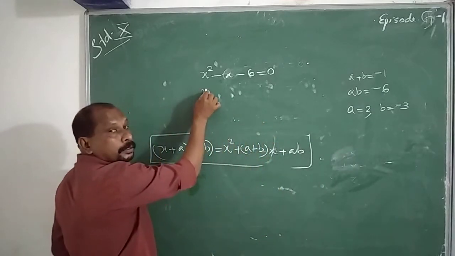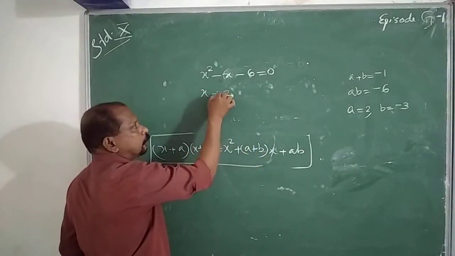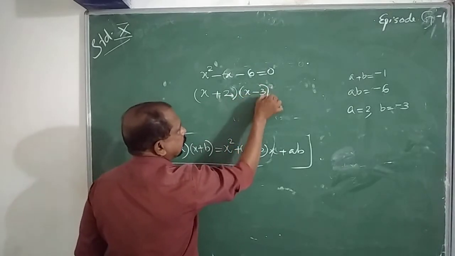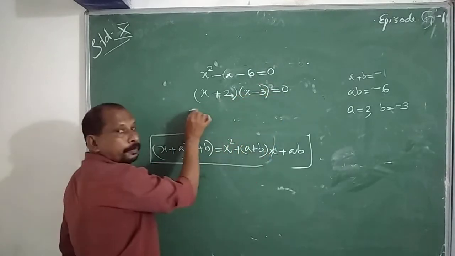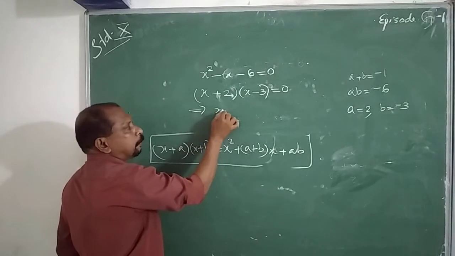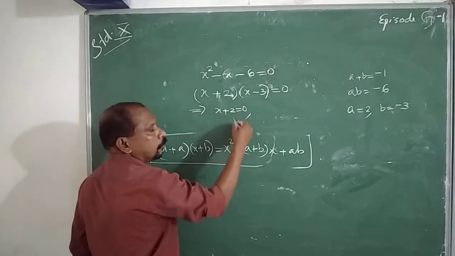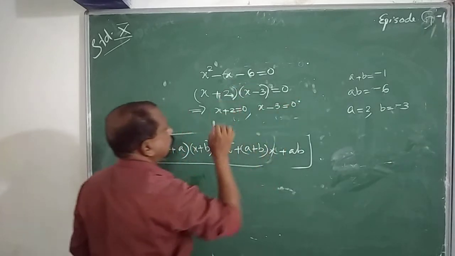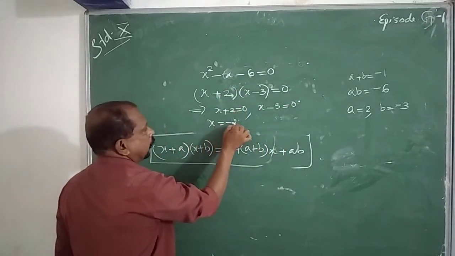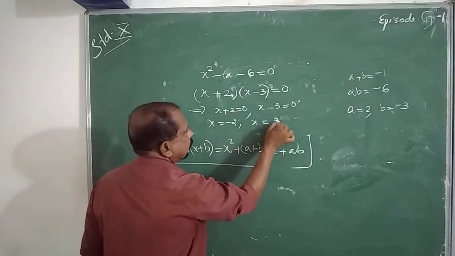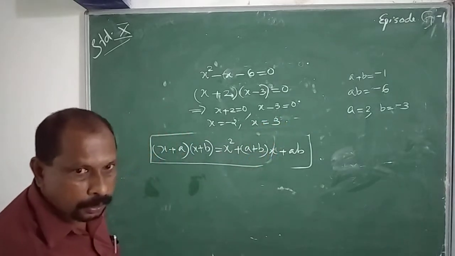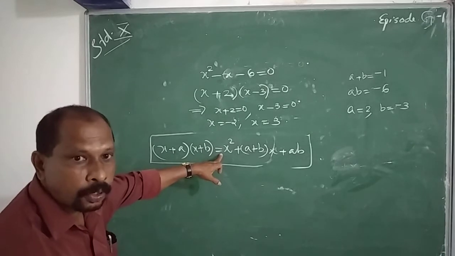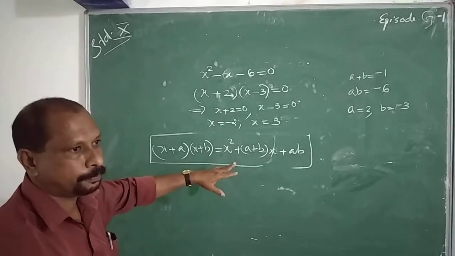Therefore, the factors are (x plus 2) into (x minus 3) is equal to 0, which implies that x plus 2 is equal to 0 and x minus 3 is equal to 0. Therefore, x is equal to minus 2 and x is equal to 3. Clear? In all these cases, the coefficient of x square is 1.